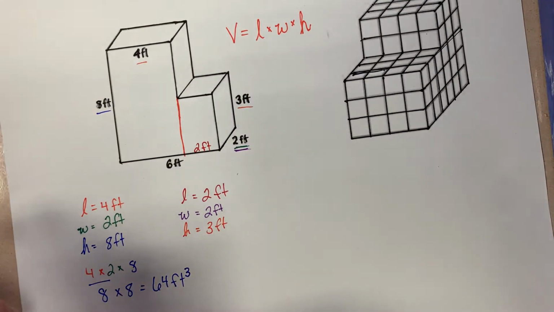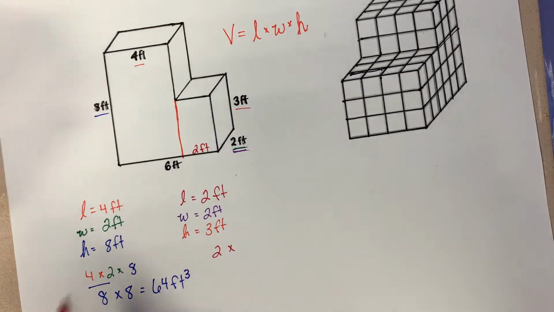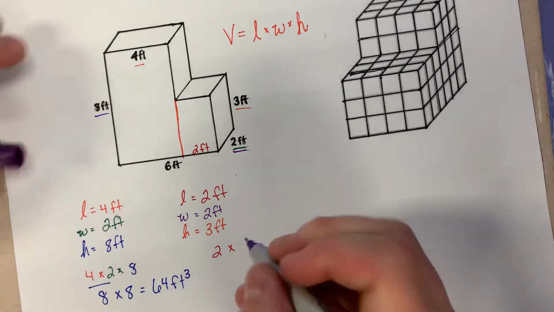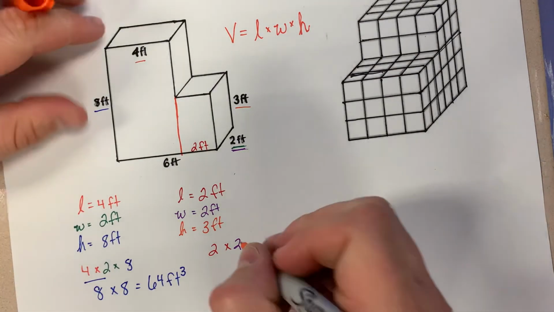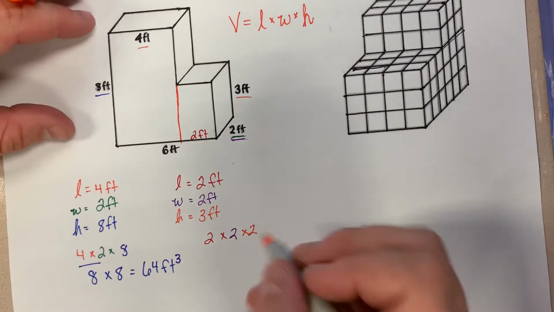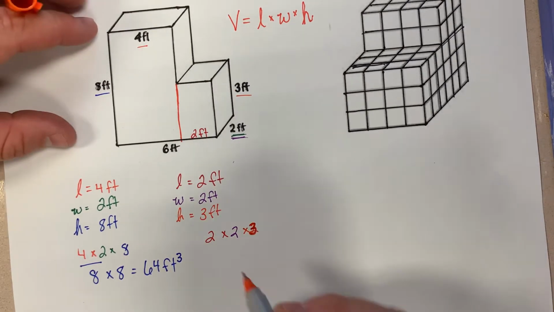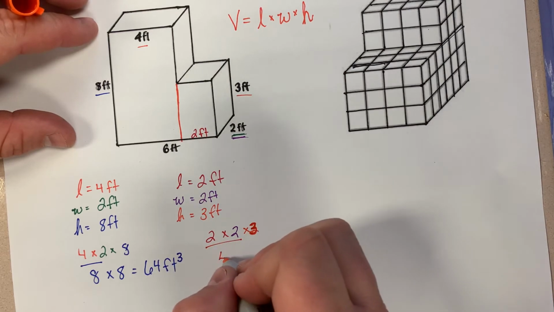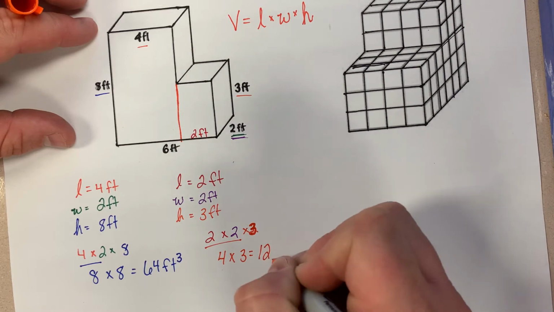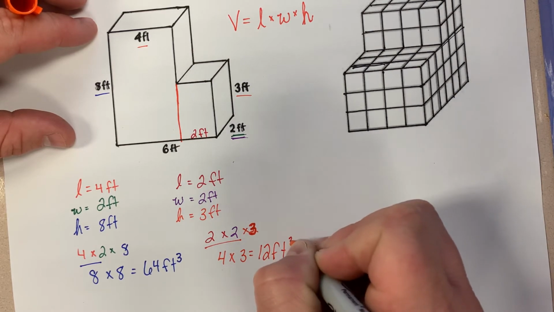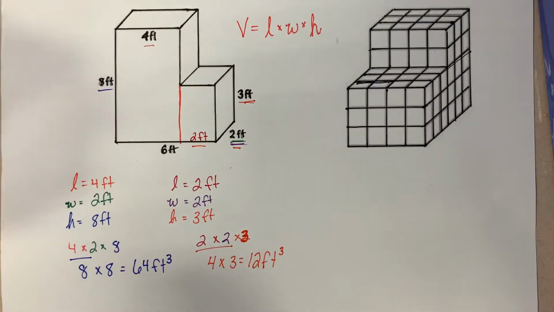So just like I did in the last one, I'm going to multiply 2 times 2 times 3. So again, 2 times 2 is 4 times 3 equals 12. 12 feet cubed, again, because I multiplied 3 different numbers.